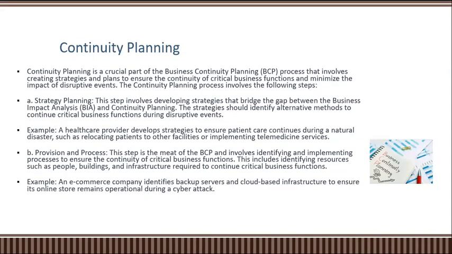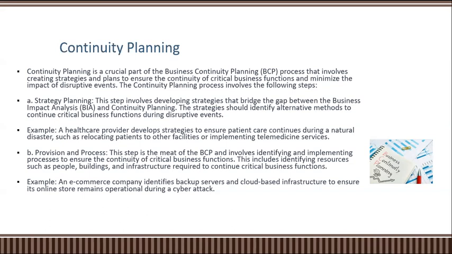And for continuity planning is a critical part of the business continuity planning process that involves creating strategies and plans to ensure continuity of critical business functions and minimize the impact of a disruptive event. The continuity planning process involves the following steps. Strategy planning.